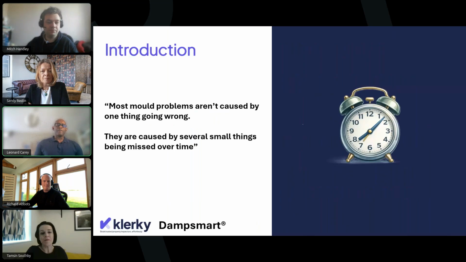So we won't do introductions of where we're from and what we've been doing, but I will say at the beginning of this session what we hope you're going to learn from it. What we hope you're going to learn is something about all the experience that we've had using data and all our analysis of thousands of properties, trying to help people understand what is actually causing damp and mould in a property.